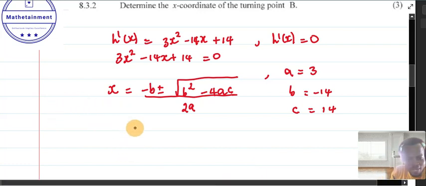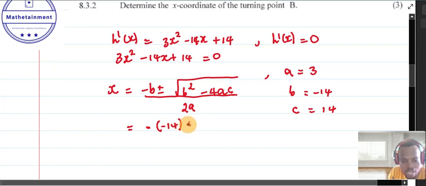So let's plug all the values that we know. Where we see b, we plug minus 14. But please make sure that you put that minus 14 in a bracket, since we have a negative sign here. Because if you just plug it as it is, you might end up writing 14. You see? So please make sure that you put it in brackets. It becomes minus, you plug minus 14.